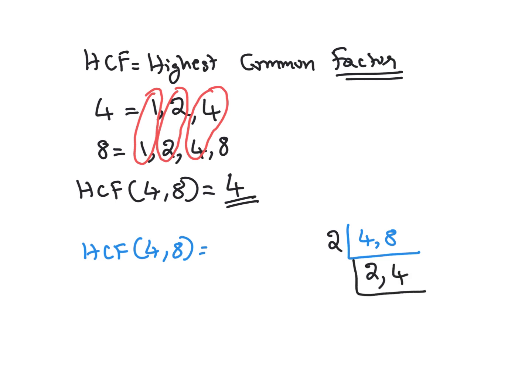Repeat the question again. A prime number that must divide all of these. 2 again. 2 1 times. 2 2 times. Now, is there a prime number that can divide all of these? Of course, you don't have. So, your HCF now is 2 times 2, which is 4.